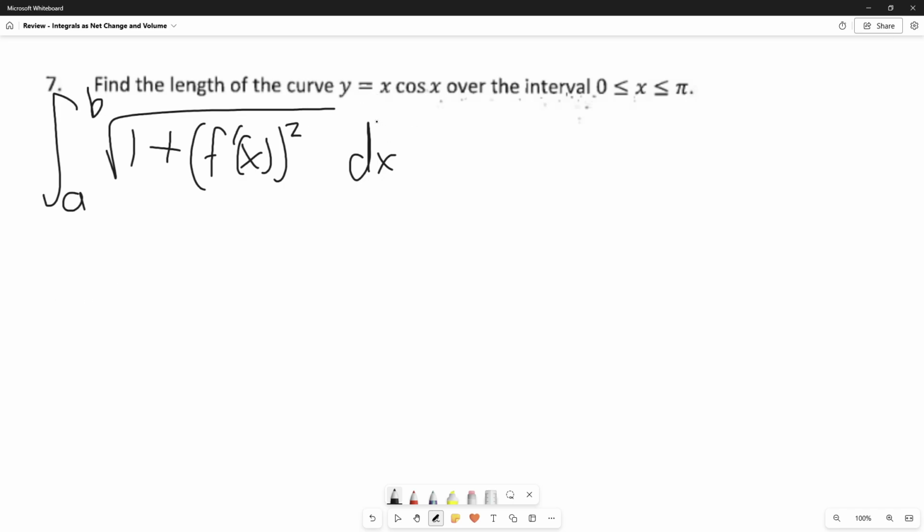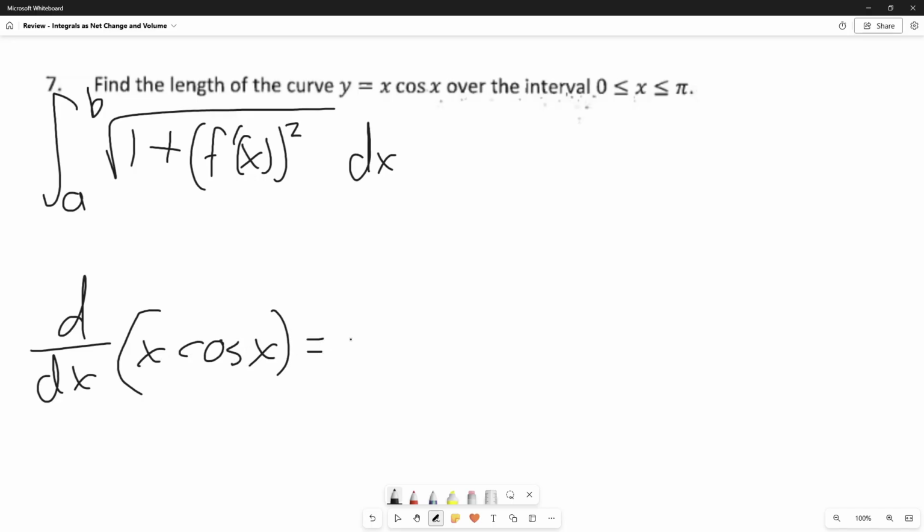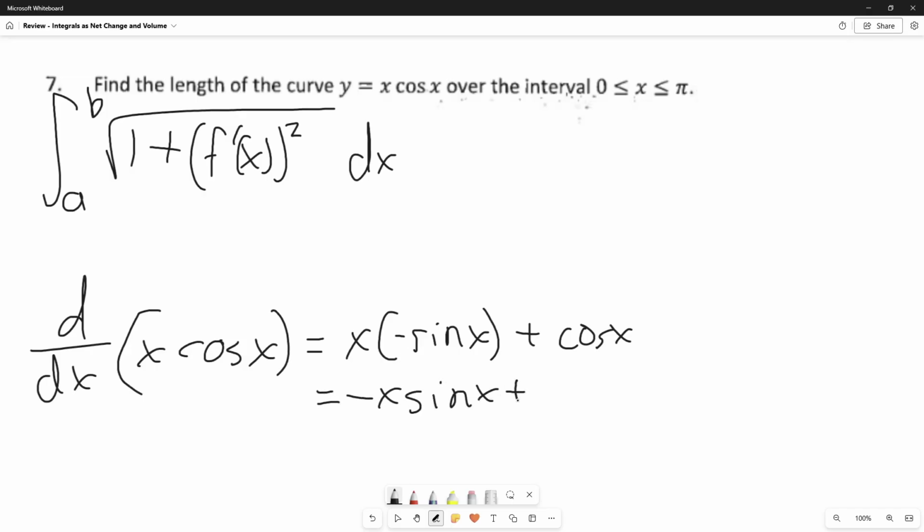So take the derivative of x cosine x, and you get x times negative sine x plus cosine x. So negative x sine x plus cosine x.